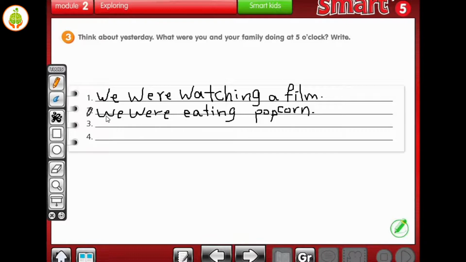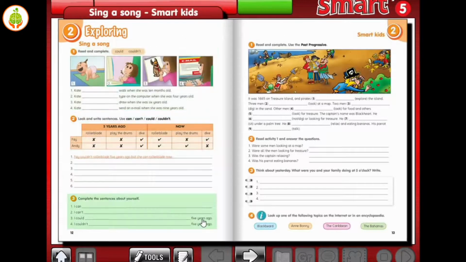Yummy. So you can write, of course it's totally up to you to write whatever you want. You can add 2 more sentences. Thank you.